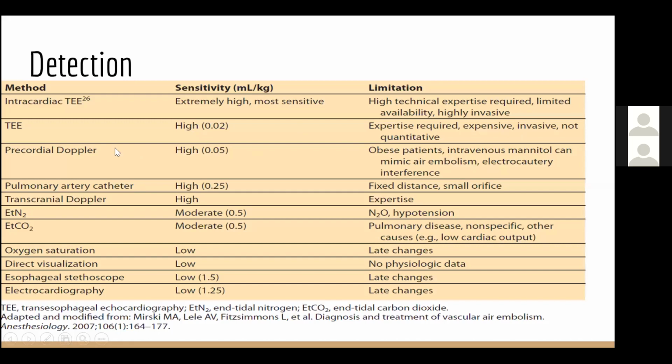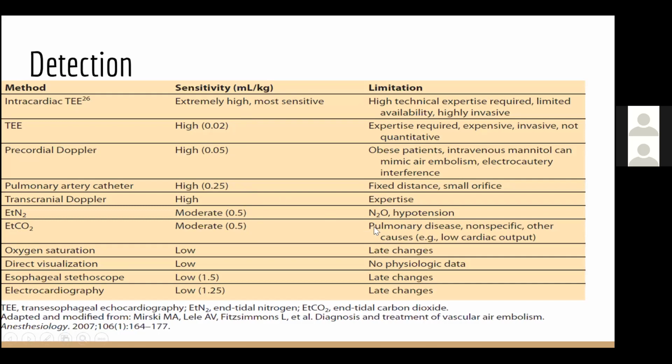Then precordial Doppler, sensitivity is high, can detect up to 0.05 mL per kilo. Again, limitations are obese patients, and intravenous mannitol can mimic air embolism, and electrocautery interference. Then pulmonary artery catheter and transcranial Doppler; these all require expertise. Then two other methods which we routinely use in theater are end-tidal nitrogen and end-tidal CO2. Both can detect up to 0.5 mL per kilo of entrained air.